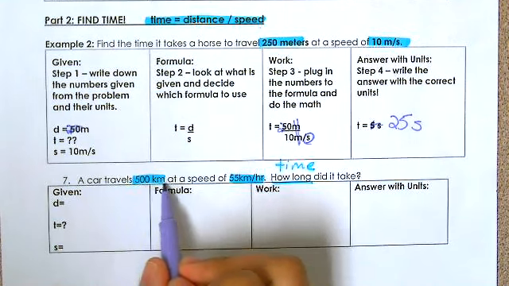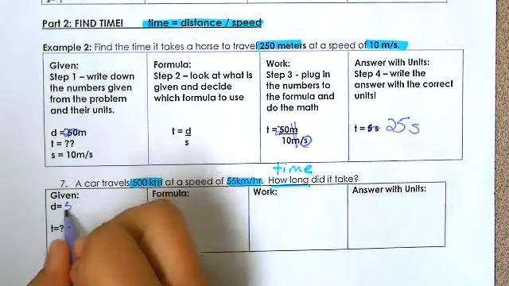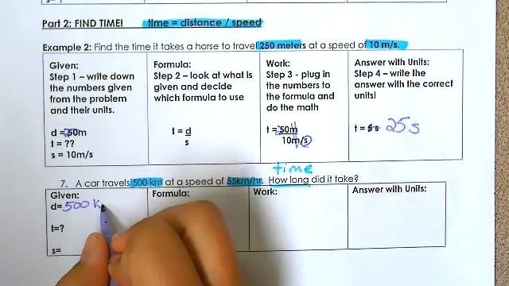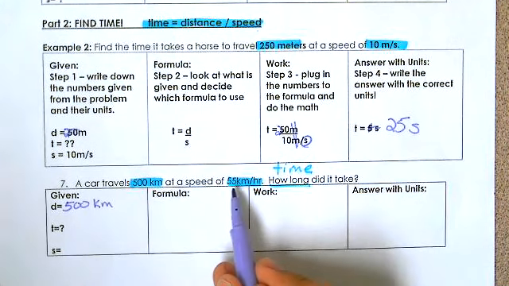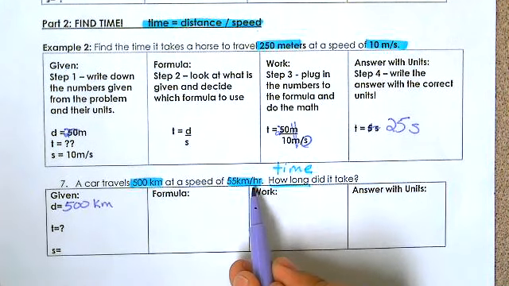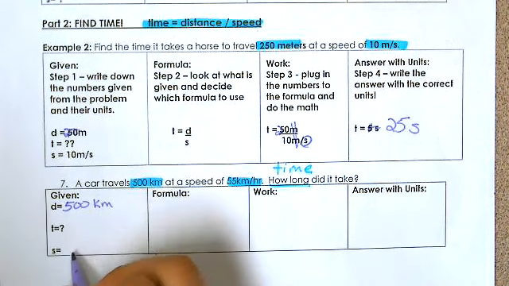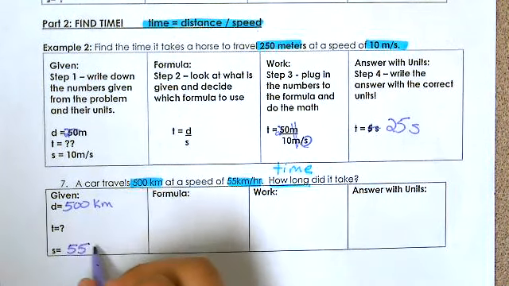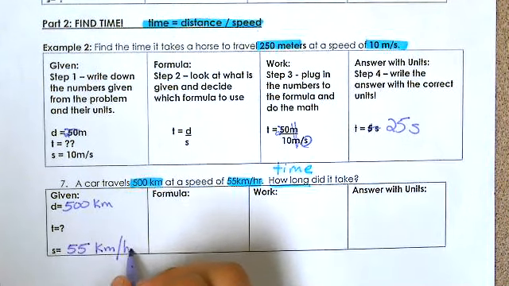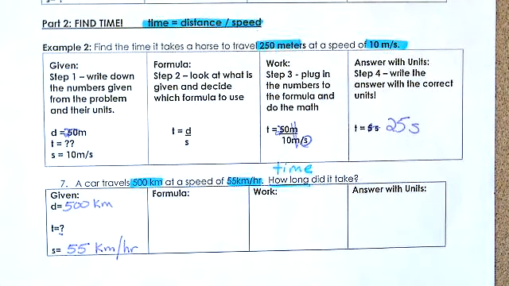So kilometers is our distance. So 500 kilometers at a speed of 55 kilometers per hour. Kilometers per hour tells us it's speed. And we're looking for the time.